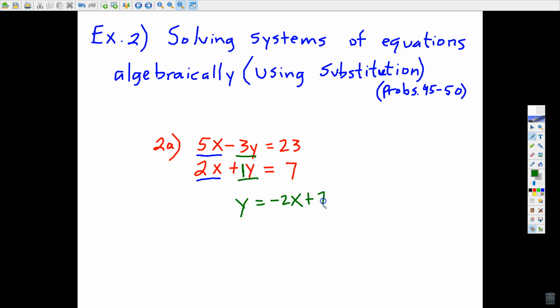All I have to do is subtract 2x from both sides and I've solved for y. All of the others will involve two steps. I will have to add or subtract, then I will have to divide by something. So if you can, and in this case it's possible, you are much better off.